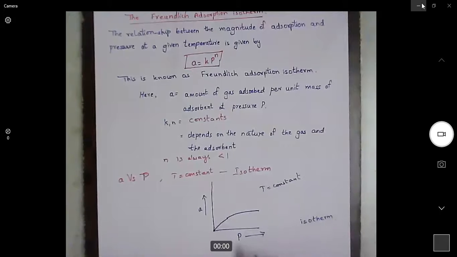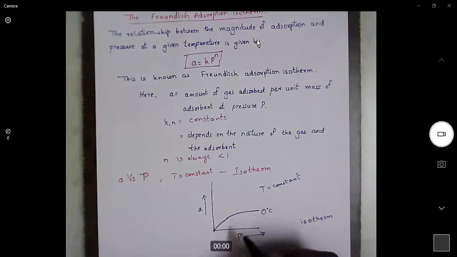Now, we can have the effect of temperature also in this graph. As we have discussed in yesterday's class, increase in temperature will decrease the amount of gas adsorbed, whereas decrease in temperature will increase the amount of gas adsorbed.